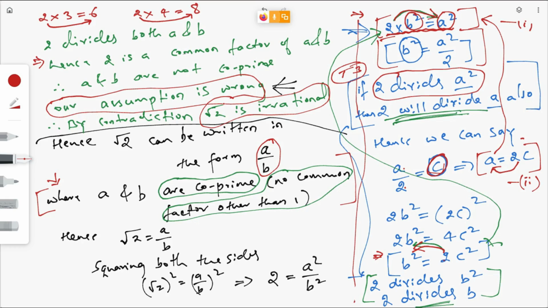Understood? Okay, tell me frankly, how many of you understood this? At least one or two? Okay, one. Others?